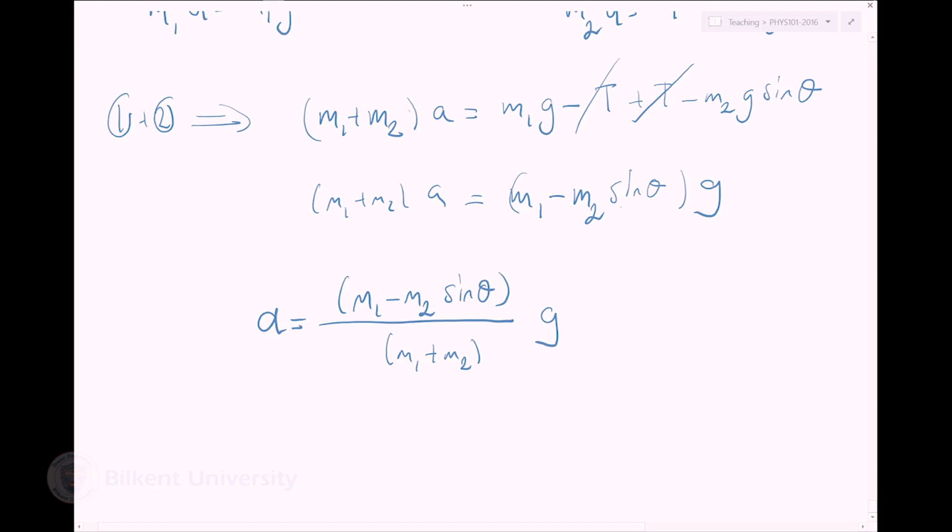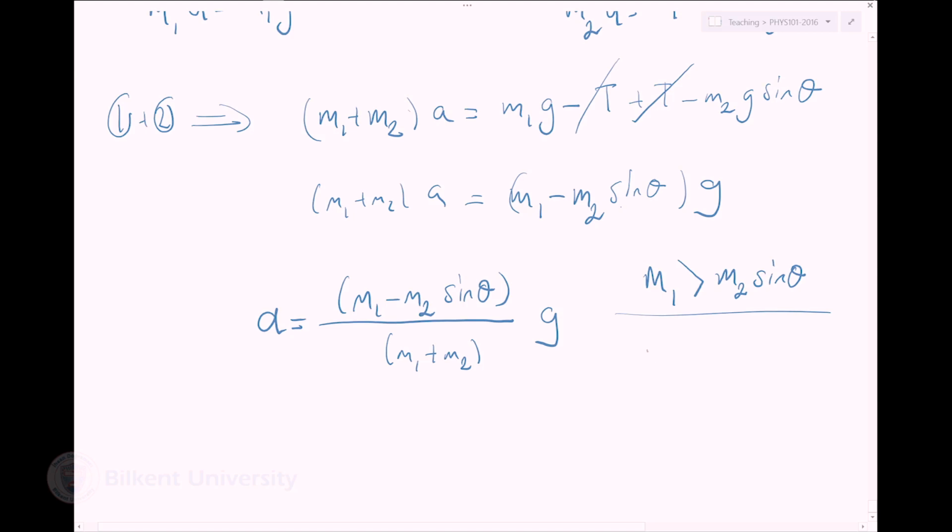We can easily see this expression is positive if m1 is larger than m2 sine theta. Then it's okay. Then I'm sure that it's positive and my mass m1 is going down. But on the other hand, if m2 sine theta is larger than m1, then it's going in the opposite direction and I will never actually reach the floor.